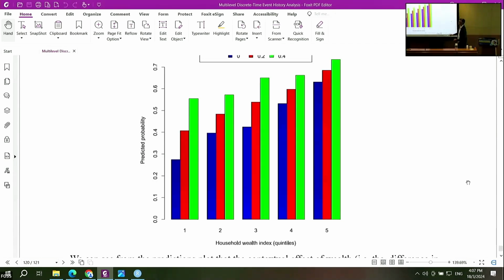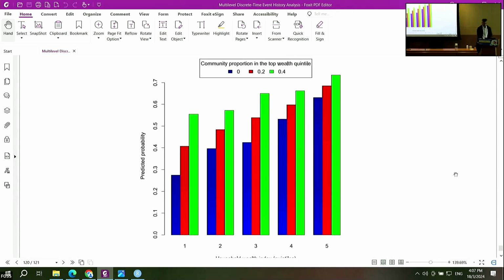So we've got the household wealth index over here, and the predicted probabilities of antenatal medical care. And these bars represent how wealthy those communities are. The blue ones are very poor communities, and the green ones are very rich communities. So we can get what the predicted probabilities of antenatal medical care are for mothers of different wealth living in wealthier or poorer communities.